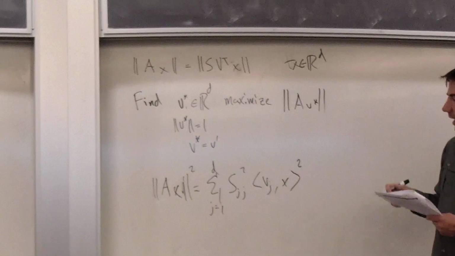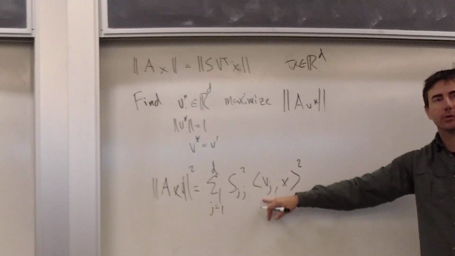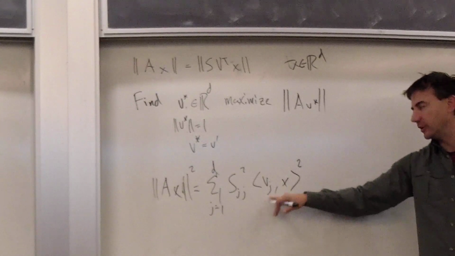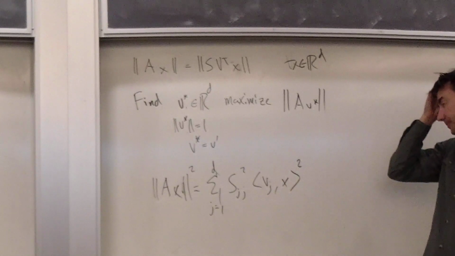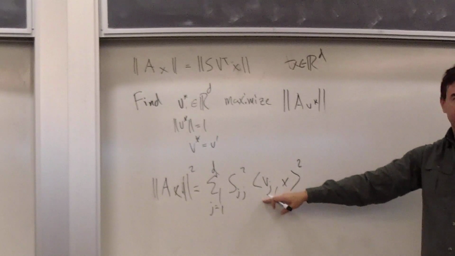And as x aligns with different vj, it's going to decrease the alignment with each of the others.